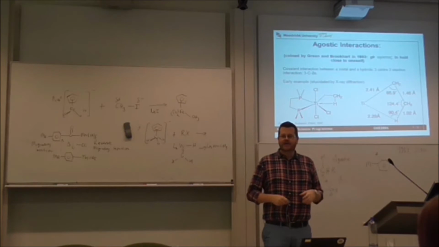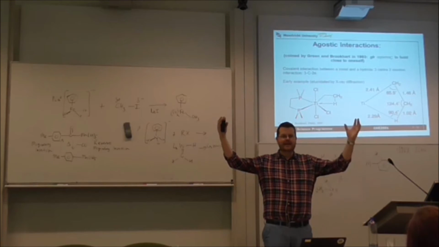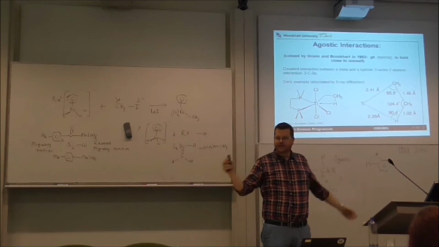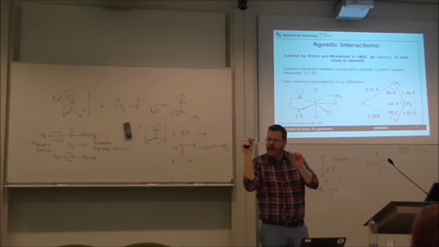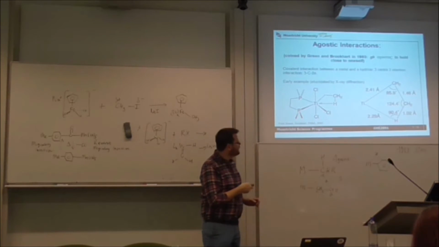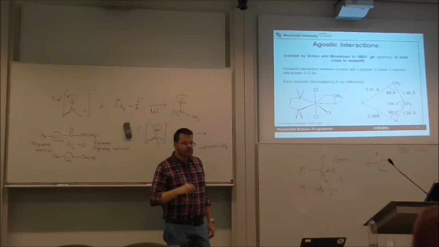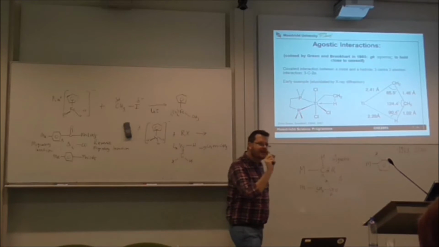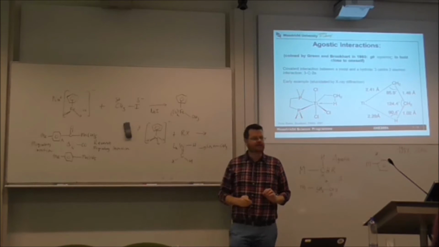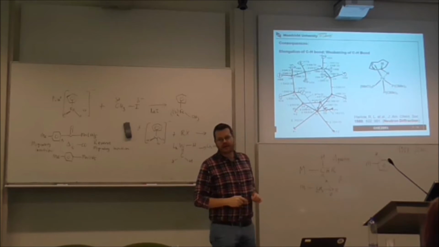Good. The electron density of a metal, it's like David and Goliath. You have this huge metal with all these electrons, and you've got this tiny little hydrogen. And it's not accurate. So this is speculative. When you're working with transition metal hydrides, you have to do something called neutron diffraction, and that's been done subsequently.